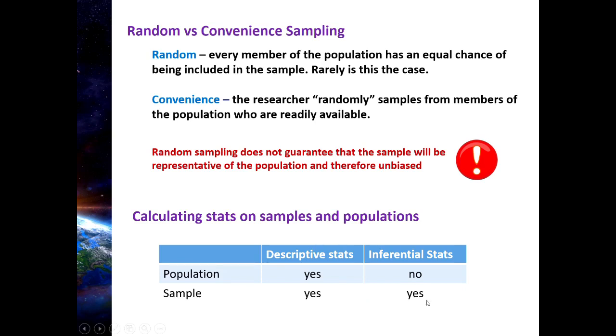We must calculate statistics on our sample and then use them to draw inferences to the population. Okay? So again, inferential statistics are only calculated on samples and never on populations. If you had the entire population, you don't need inferential statistics. You don't need to make any inferences. You now know the truth.